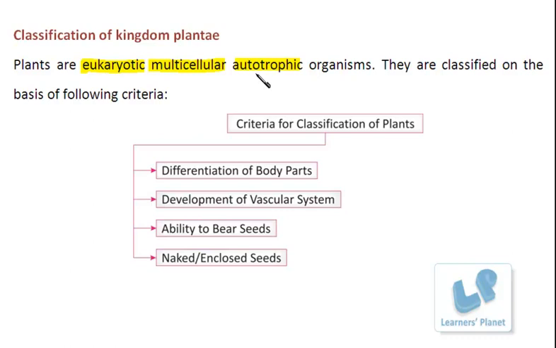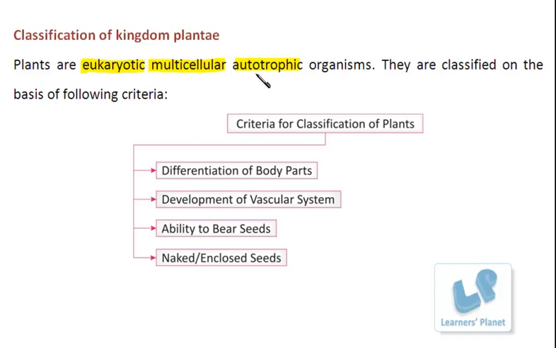And each subgroup which is classified here is known as a division. If you remember, I have already discussed this point, that the kingdom is further divided into the next smaller group, which is known as the phylum in case of animals and division in case of Plantae.